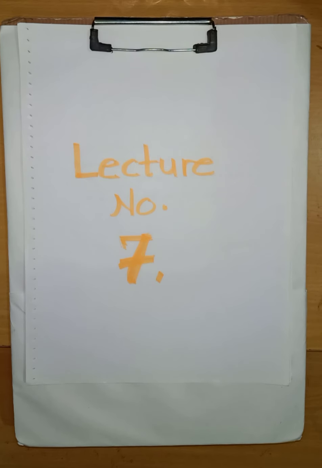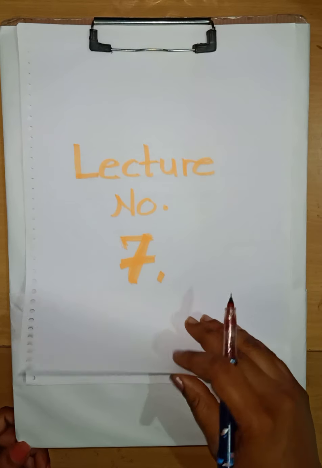Now in this lecture number 7, we will see the next topics: Green's functions and an example over it, and the corollary and its example. So let's start with lecture number 7.